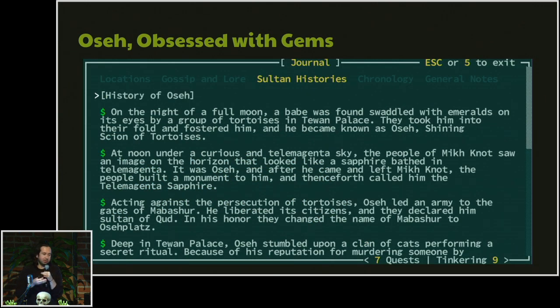Okay, so one last thing about Ose is, why is Ose obsessed with gems, right? Is this a coincidence that they were born with emeralds in their eyes and then had a bunch of other interesting interactions with gems? So it's not. One thing we wanted to do to make each of the sultans memorable and blur the lines between history and myth is that we wanted to assign them an archetypical unit of culture that we call a domain.